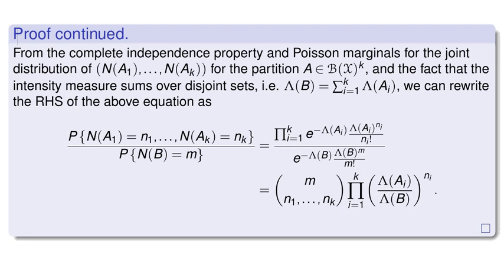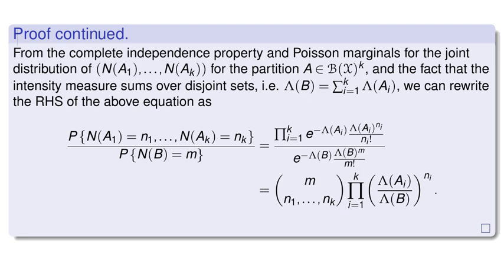The numerator becomes the product from i equals 1 to k of e to the power minus lambda of Ai times lambda of Ai to the ni over ni factorial. The denominator is e to the power minus lambda of B times lambda of B to the m over m factorial.